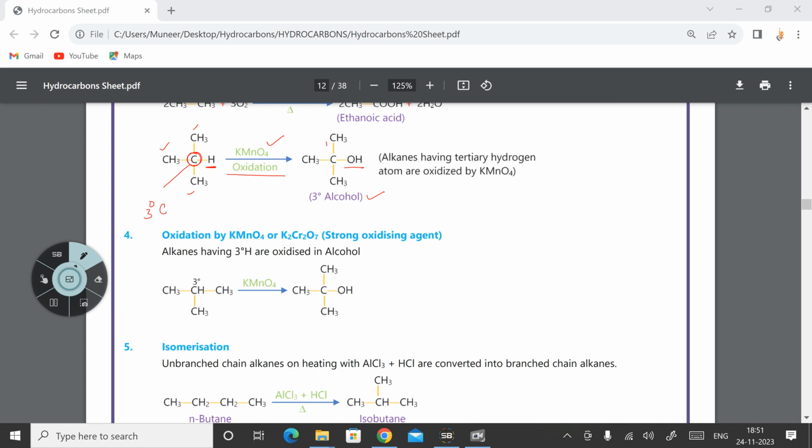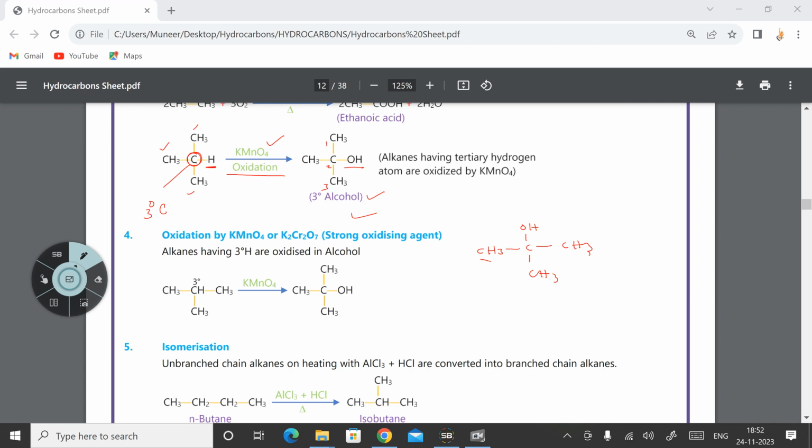What is its IUPAC name? Tell me, quick. Shruti, what is its IUPAC name? Butanol. Tell me its name. What is there, look. CH3COH, right? After COH, CH3. Okay, both are same.